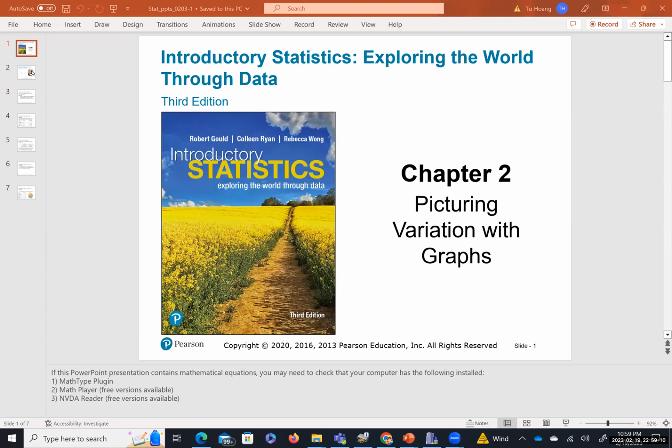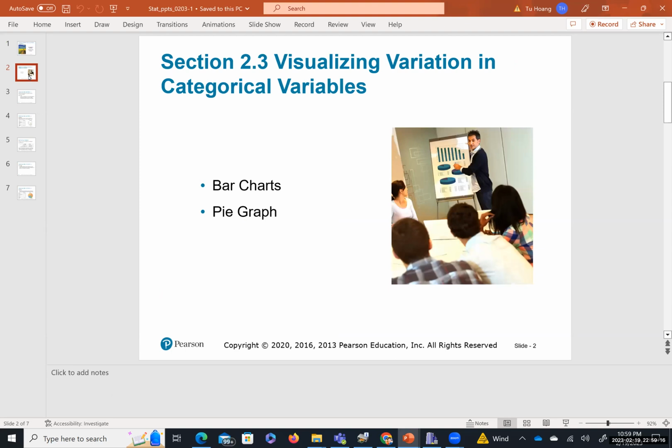All right, so we come to section 2.3 about visualizing variation in categorical variables. So this section is now moving to categorical variables.